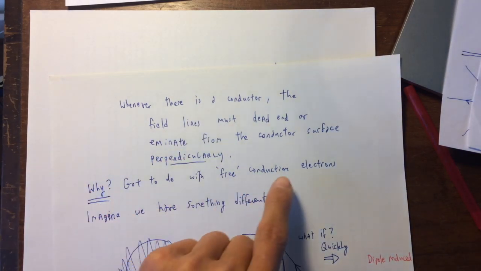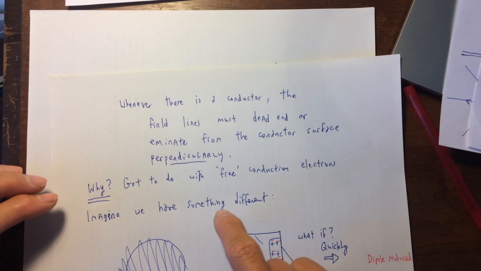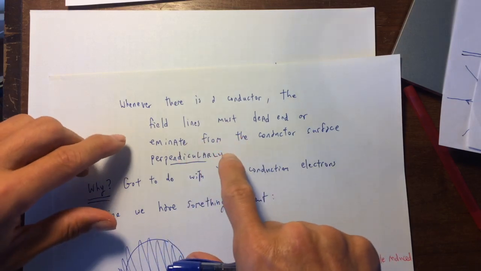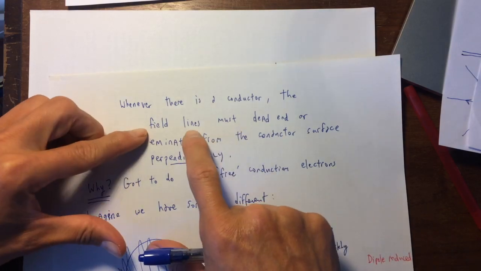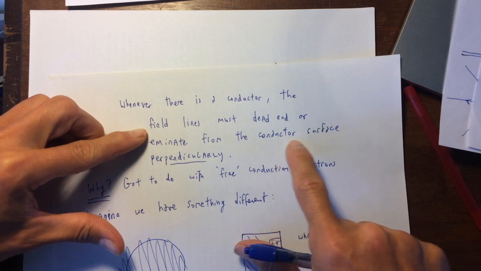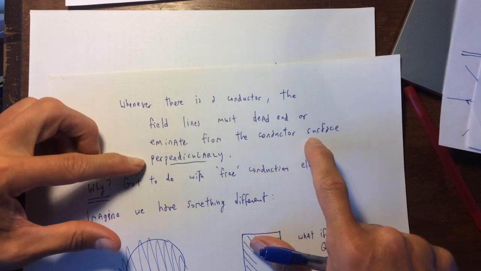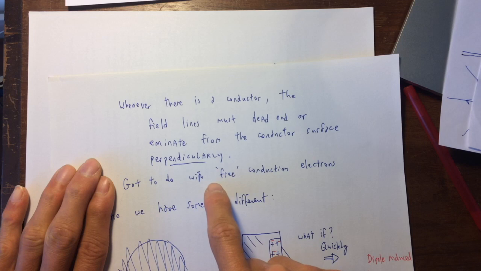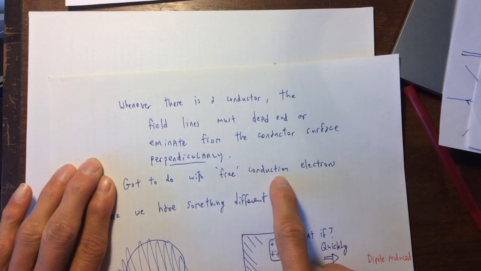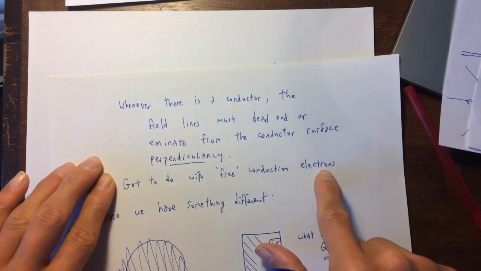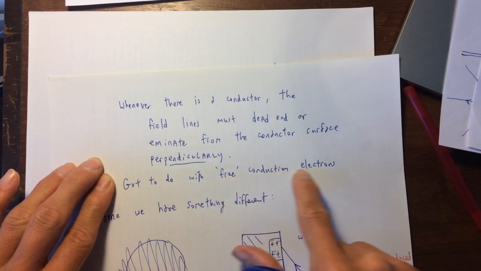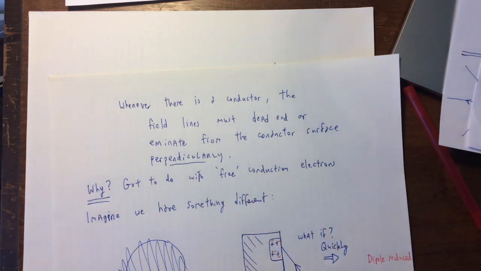It's got to do with the free conduction electrons, but if the question was why must field lines dead end or emanate from conductor surfaces perpendicular, and if you answered, well, it's because of the free conduction electrons, that's an incomplete answer, because you didn't show why it has to do with the free conduction electrons.